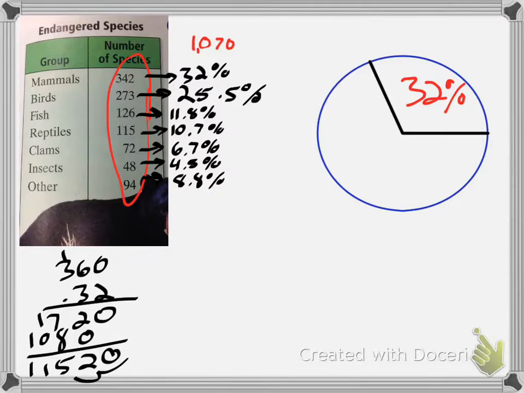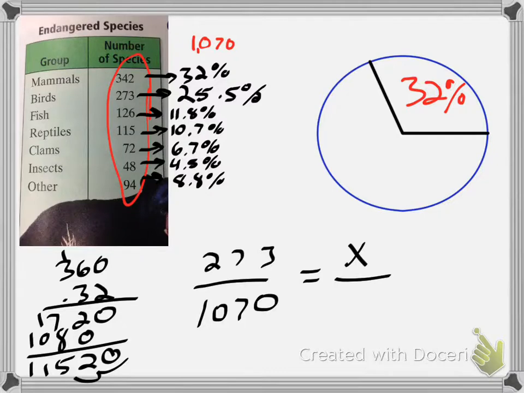We did 273 out of 1,070 to figure out 25.5%, and we want to know what that is out of 360 degrees of the circle. It's in proportions, so we can cross multiply.